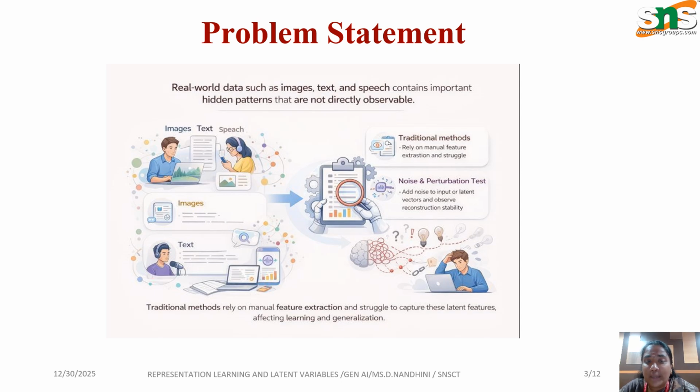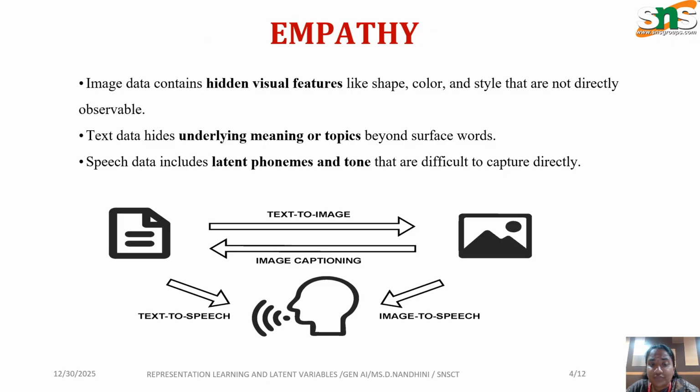Real world data such as image, text and speech contains important hidden patterns that are not directly observed. So we are going to see each stage one by one. First is empathy. Real world data sets such as images, speech and text contain complex patterns. Manually selecting useful features is difficult and time consuming.